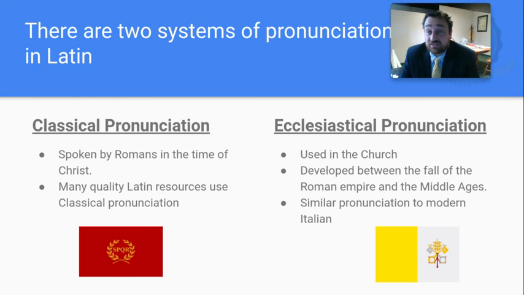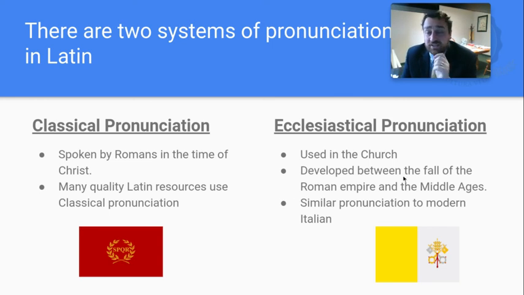But there are a lot of good resources out there for speaking Latin back and forth, and a lot of them on YouTube use the classical pronunciation. So it's helpful to be exposed to that so you're not confused when you hear words being pronounced differently. Okay, of course, the ecclesiastical pronunciation, you know this already, is used in the church.